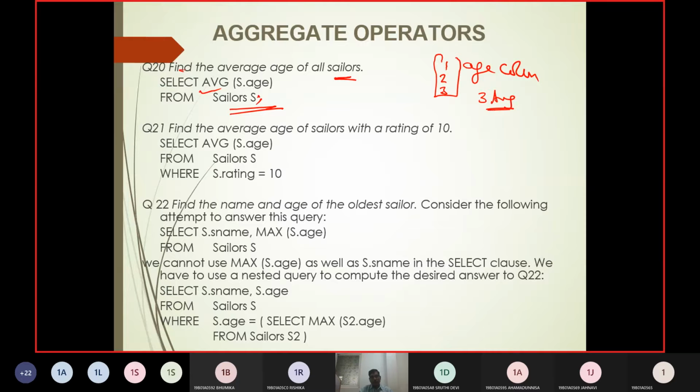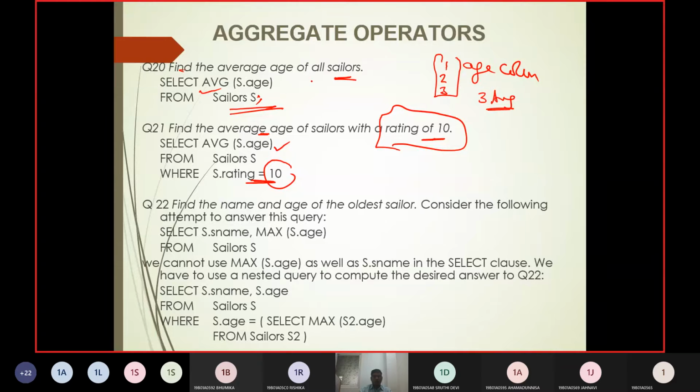So that is what we have with average. Another example of average is where we put up a condition, that is rating of age, that is a rating of 10. Whoever sailors have rating 10, those sailors are taken up, and the average of those ages is considered.